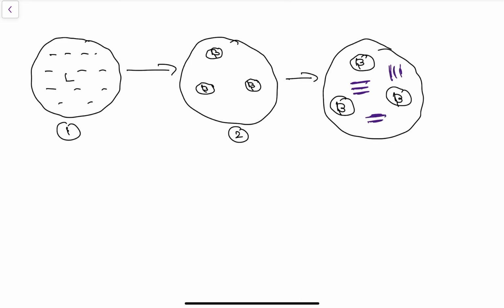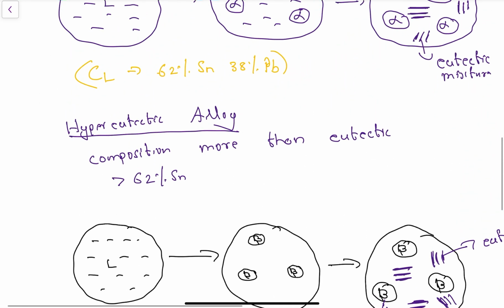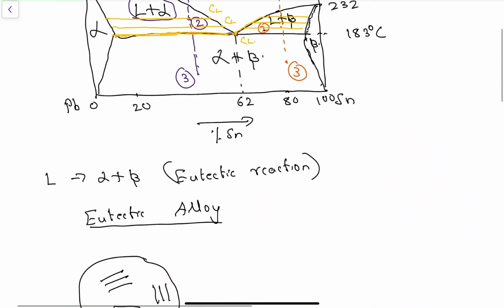So eutectic reaction occurs, and you can see the eutectic mixture here. Okay, eutectic mixture, and this is proeutectic beta. So this is the microstructural evolution of a hypereutectic alloy.